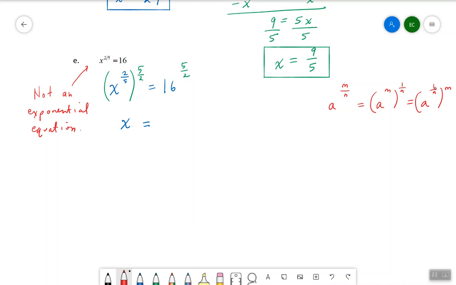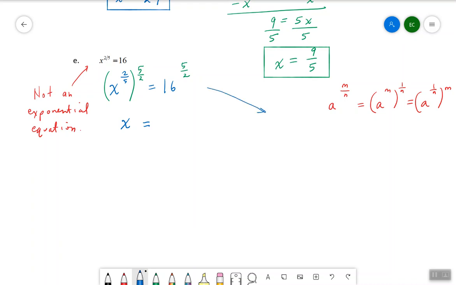This is a direct consequence of the multiplication of the two exponents. m times 1 over n gets you back to m over n, and of course the order of the multiplication doesn't matter. So I want to deal with the numerator and the denominator separately. I want to deal with the denominator first. That's going to make the numbers more manageable.